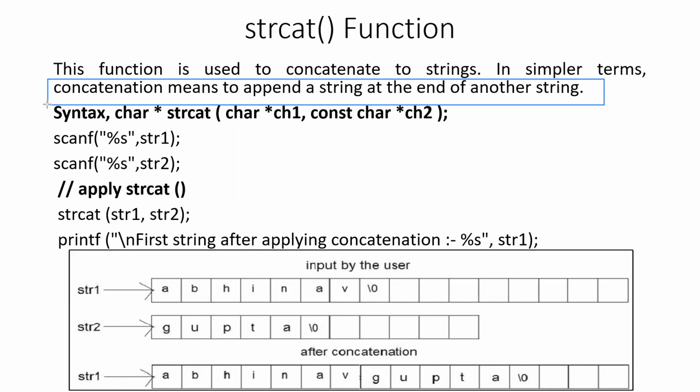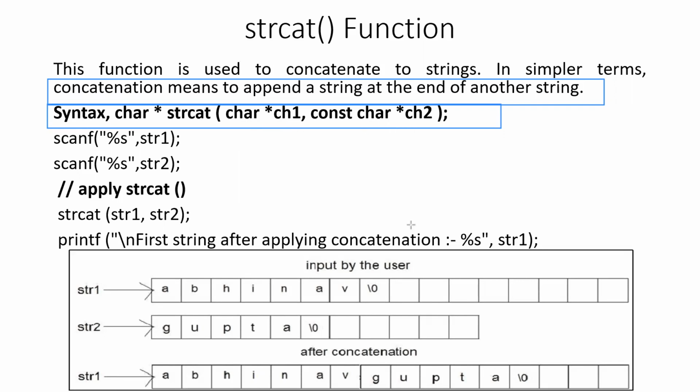What is the syntax? You can see right here, this is the syntax of the strcat string concatenation function. Two strings are passed. First is the character string, for example ch1, though it does not necessarily have to be ch1, and second is the constant character string.